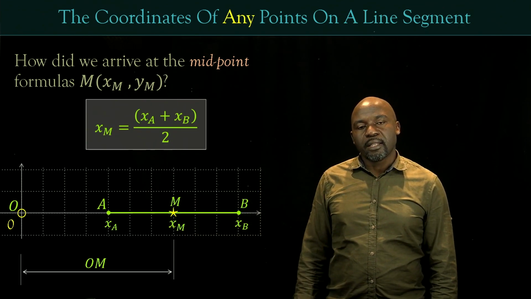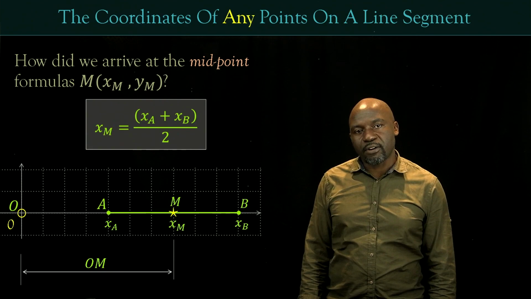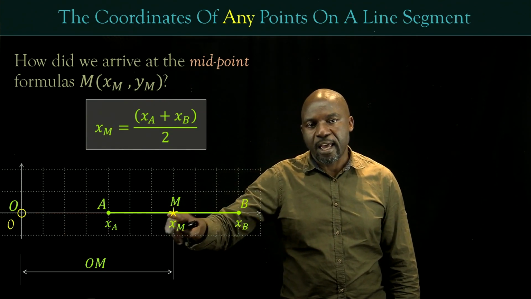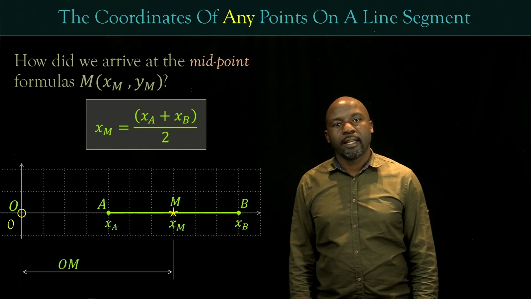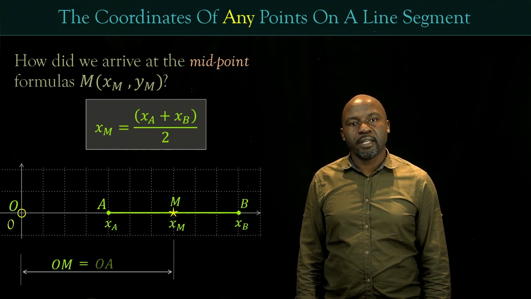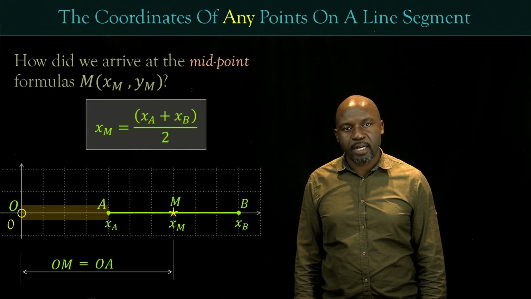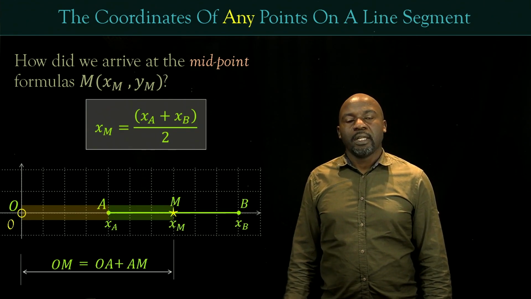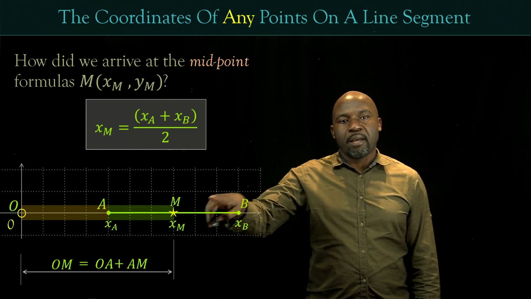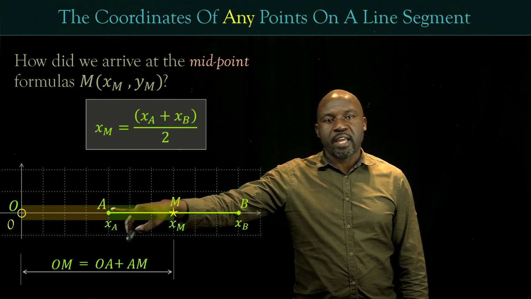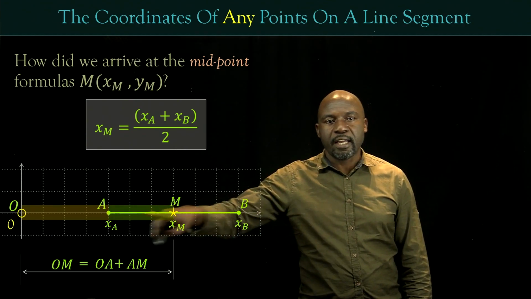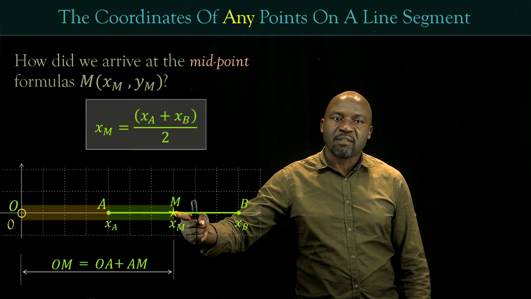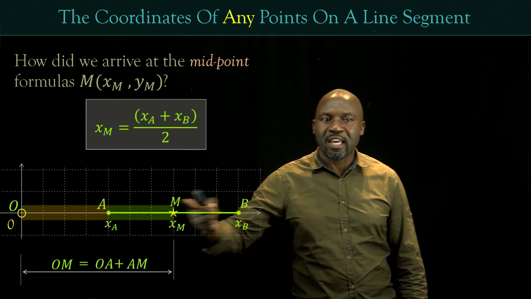But the distance OM can be found by adding OA and AM. Now, we know that M is exactly in the middle of A and B, so the length AM must be half of the length AB.